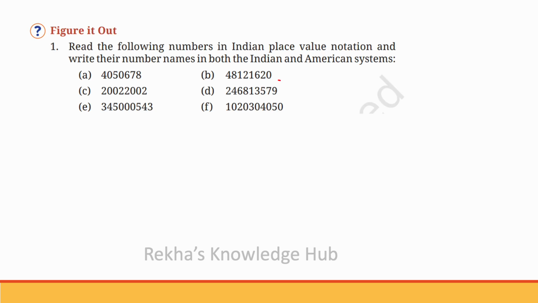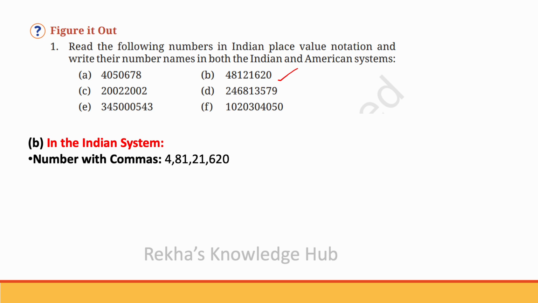See the next number, 48121620. In Indian system, we will write like this. First comma you put after 3 digits from right, then for every 2 digits you put a comma, like this. So how do you read this number?